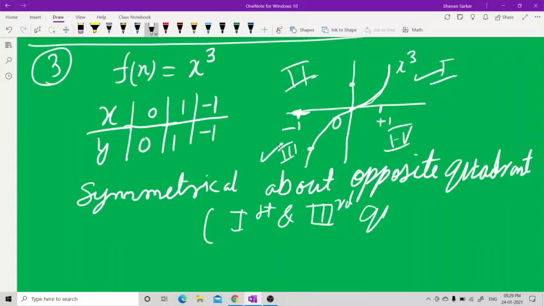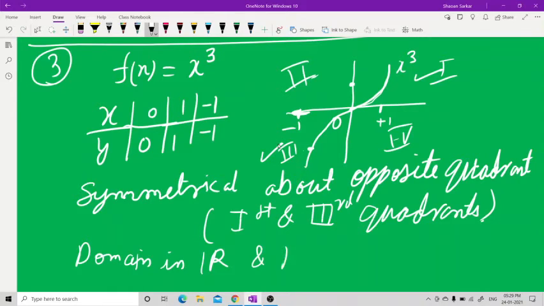Now it is the domain and the range. The domain in this case is R, and the range is also R, because you can see all y values will be taken.